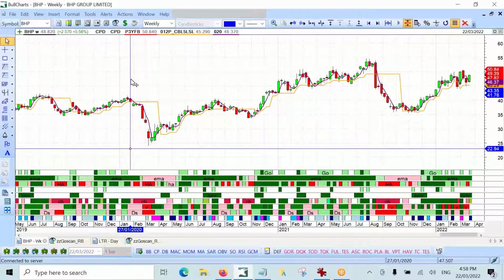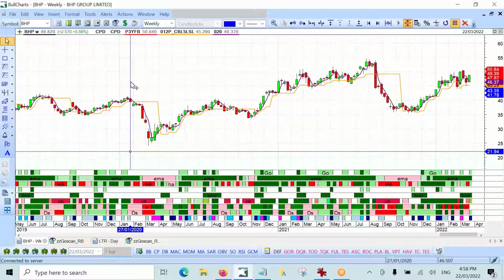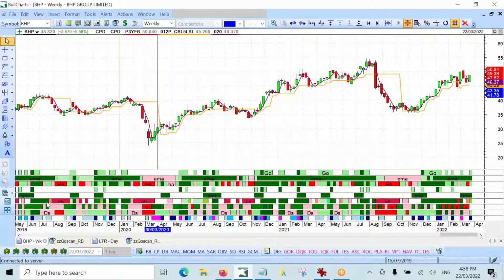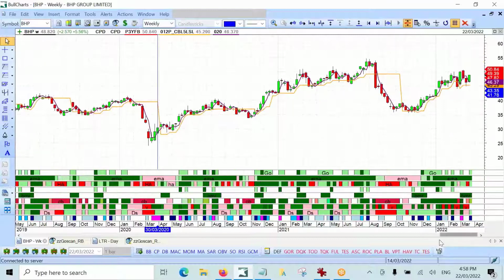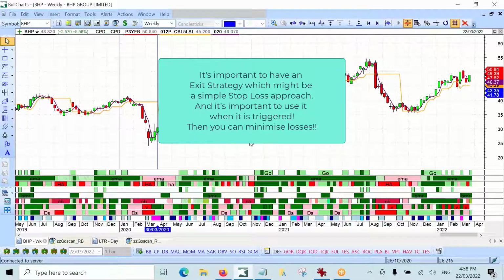If you had exercised your stop losses, you'd minimize the loss, but if you didn't, you've been following it down. Oh, this is the weekly one, isn't it? Yeah. So it's important to have a good stop loss method and to use it, to minimize any losses. Yeah, that's a good lesson too for the novices.